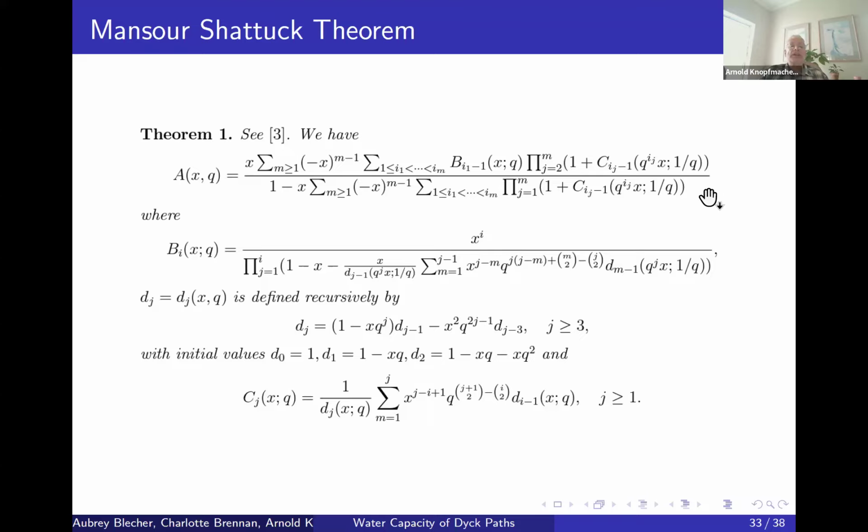Because if you actually look at the theorem, you'll see that there's actually a multiple sum in the numerator and also a multiple sum in the denominator, which actually consists of m separate sums.